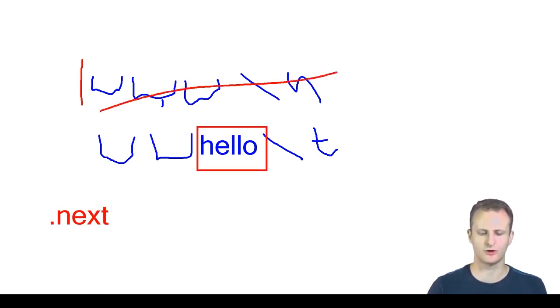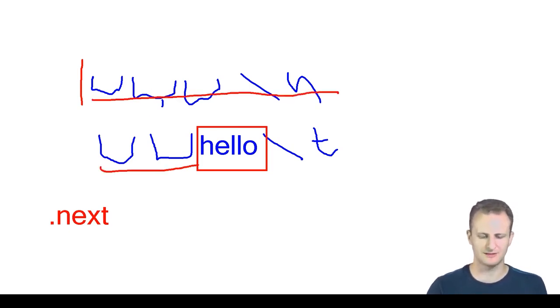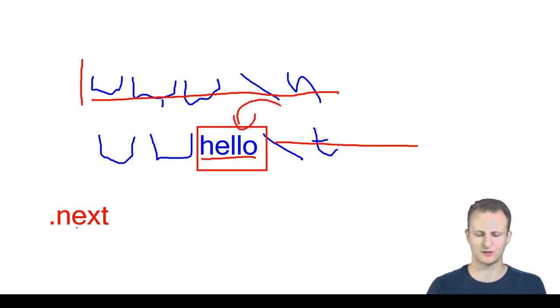So it's going to ignore anything that's a white space character. White space characters are spaces, new lines, tabs, and other non-visual characters. So it's going to ignore everything until it reaches the first actual visible character, in this case the character H, and it's going to start reading the string until it reaches the next non-visual character, in this case the tab, and it's going to return the word hello. So next will return hello in this case.